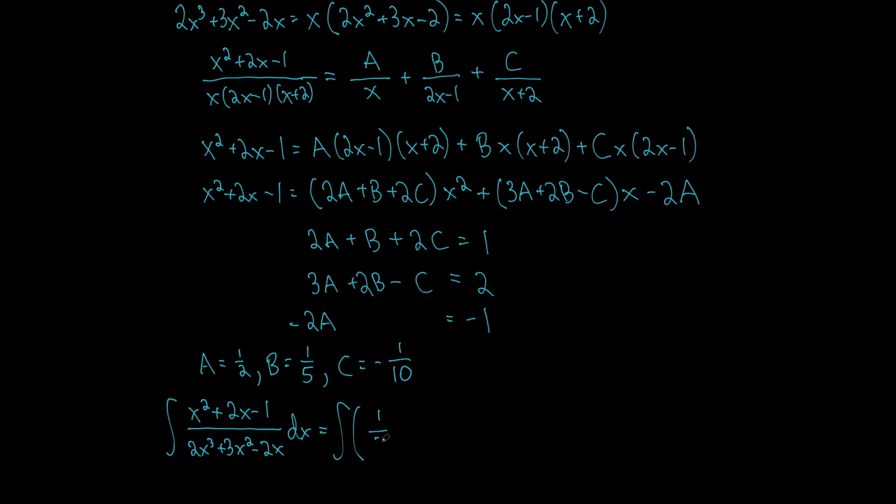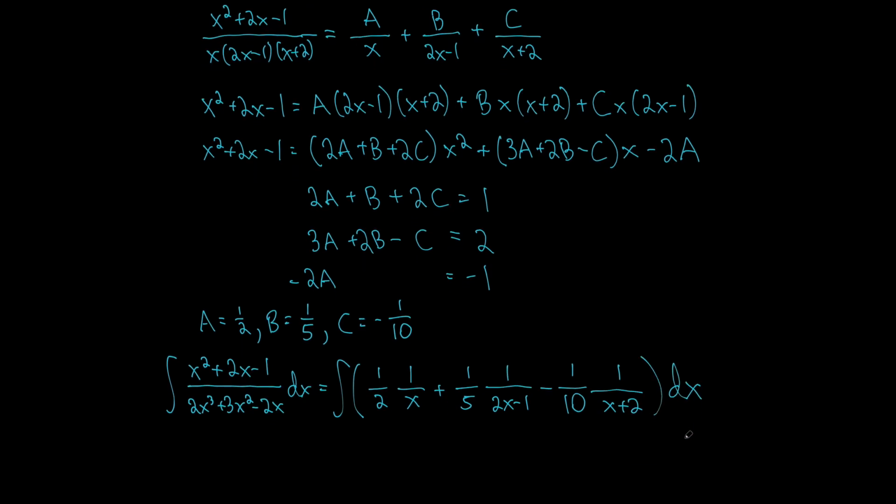So I'll just write half next to 1 over x to make this easier. Same for b over 2x minus 1. b is 1/5, so it's 1/5 times 1 over 2x minus 1. And then c was minus 1/10. So we have that times 1 over x plus 2.